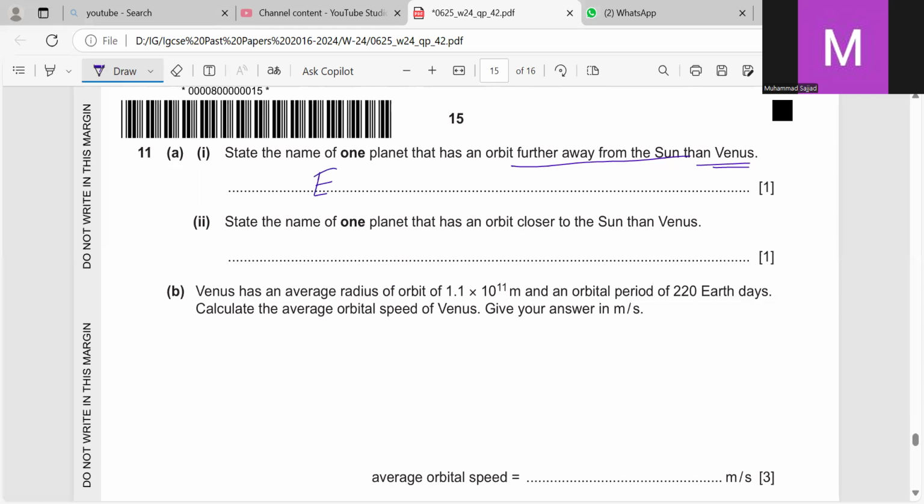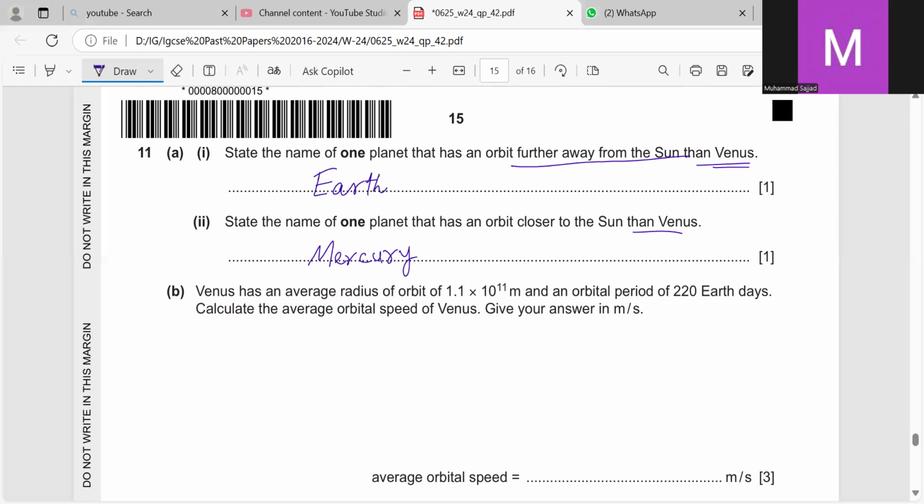So we will write Earth. Then state the name of one of the planets that has the orbit closer to the sun than Venus. Only one option is with us now, and that is Mercury.